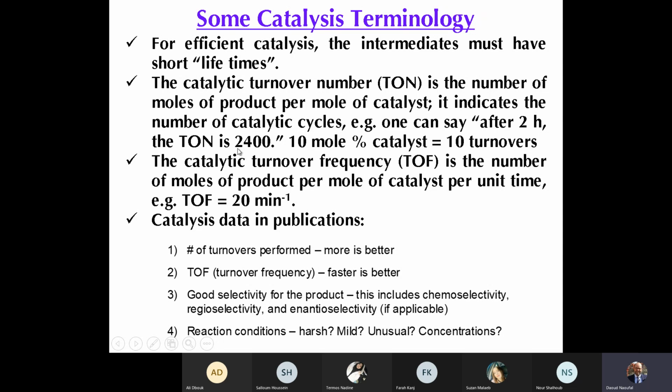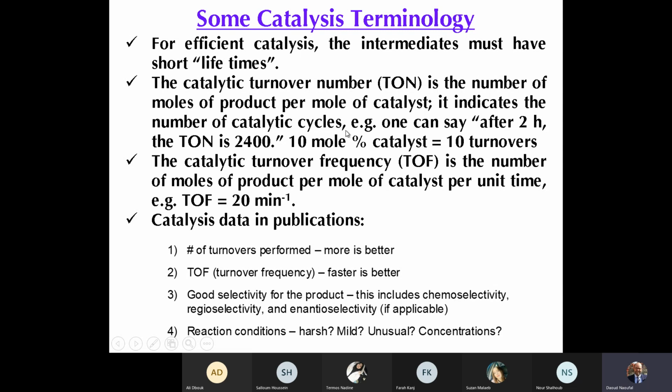That means if you have TON 2,400, using 1 mole of the catalyst, you obtain 2,400 moles of product. In the organometallic terminology, we write, for example, we use 10 mole percent catalyst. That means the turnover is equal to 10.